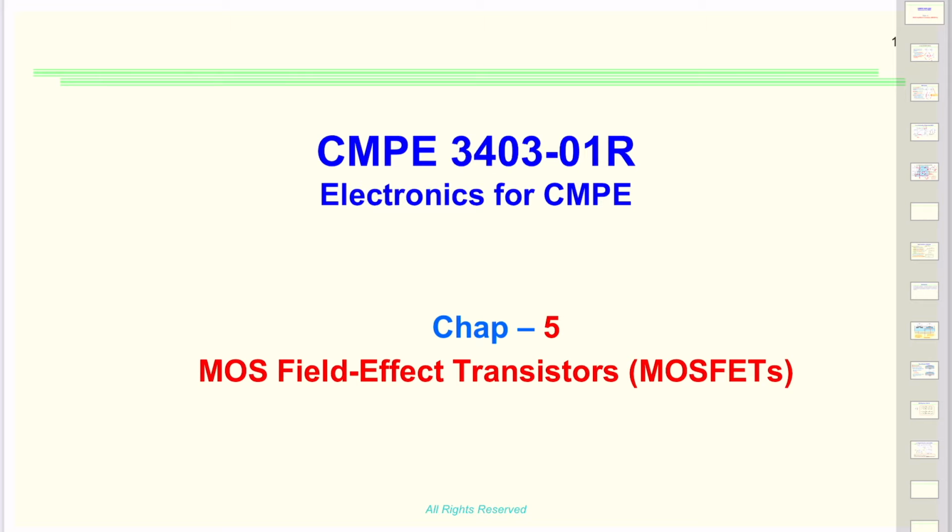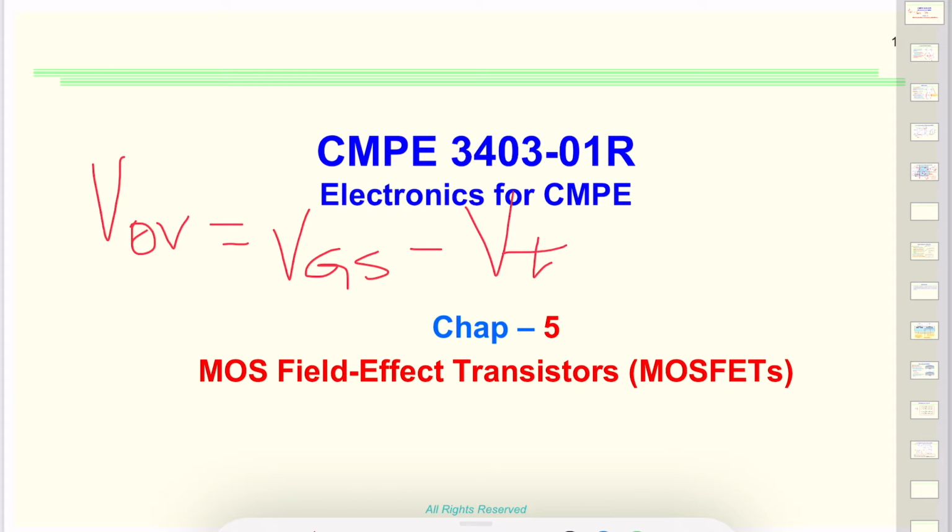When we're dealing with DC, we will generally use the capital symbols, like for overdrive voltage in NMOS, we will use VGS minus VTN.